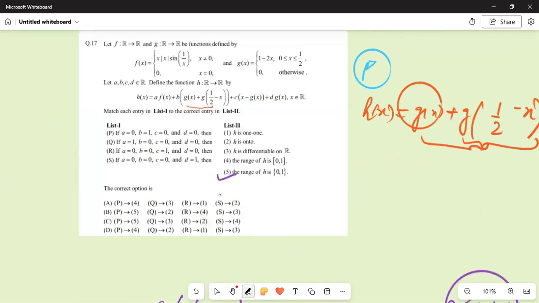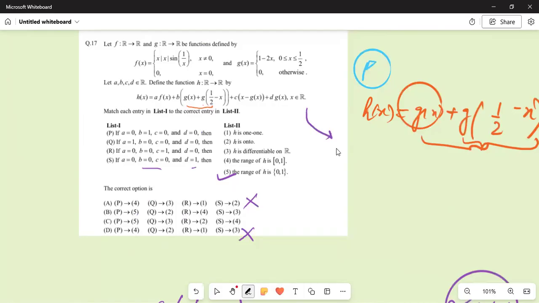So P has the option 5. So we can easily eliminate options A and D. Either B is correct or C is correct. Now, which is the easiest part out of P, Q, R and S? You can see that in the S part, they are asking A, B, C all to be 0 and only D to be 1.